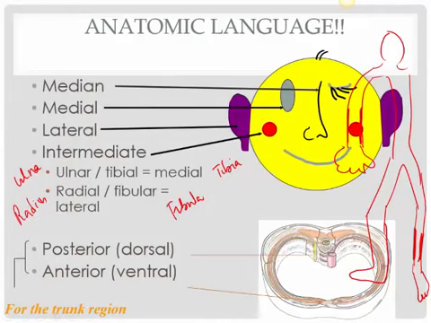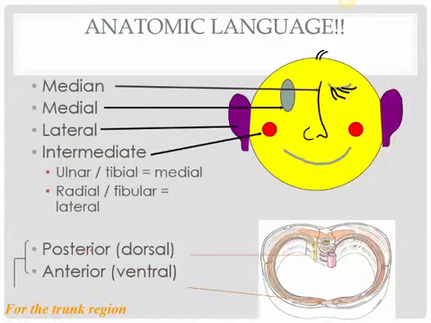Then we have two terms which are to do with whether the structure is lying in front or towards the front of the body or towards the back of the body. So when any structure lies towards the back of the body, we say it is posterior, or the other word we use is dorsal.